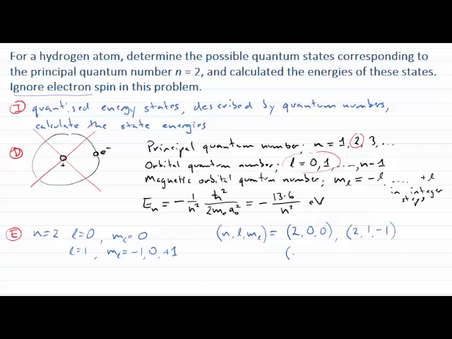We could have n equals 2, l equals 1, ml equals 0, and we could have n equals 2, l equals 1, ml equals plus 1. So there are in fact 4 possible states for the n equals 2 principal quantum number for hydrogen, depending upon those allowed possibilities for the L quantum number, orbital quantum number, and the ML, the magnetic orbital quantum number.